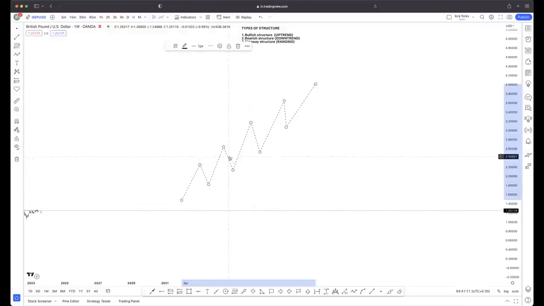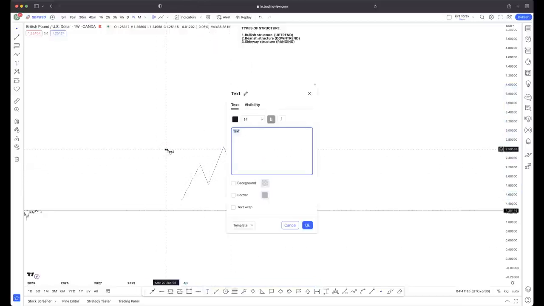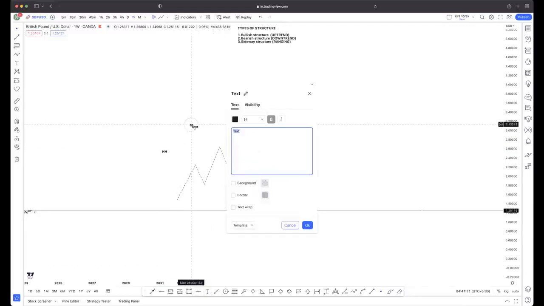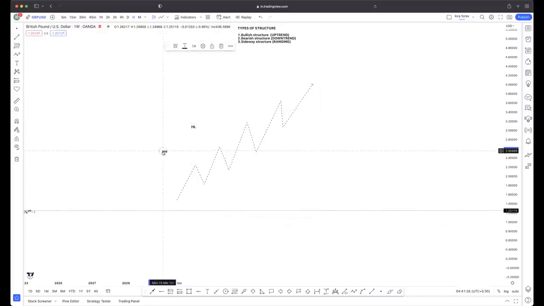Now let me type the letters in for you to understand it clearly. So like I said, market structure is the king. Before you do your analysis, the first thing you have to look out for is what the structure is telling you.